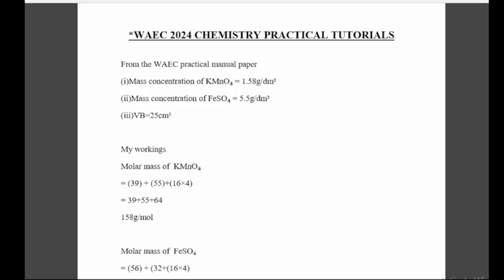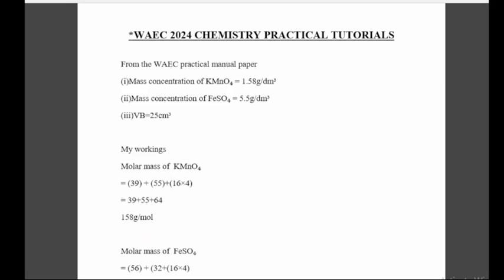But we have 4 atoms of oxygen here, so we are having 16 times 4. And so when we do the maths, we have 39 plus 55 plus 64. That is going to give us a total of 158 grams per mole. So that is going to be the molar mass of potassium permanganate, in case we would need it during the questions that we'll be answering in a short while.